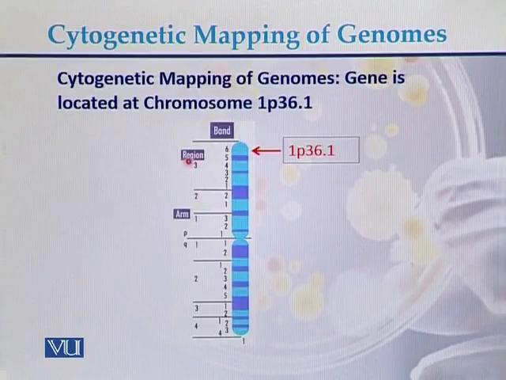P is the arm, the shorter one. Then 3 is the region. So here is 3, this is the region. Then 6 is the band, here is the 6. And then 0.1 is the subband. So it means the gene located at chromosome 1p36.1 is actually located on this band of the chromosome.